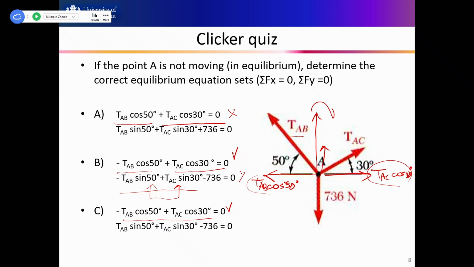So this is not correct. And then this, same. And we need to check these two. And this 736 is downward, so the sign of this number and the unknown y component should be different. So this is positive, and this is negative, so this is correct. So that's why C is correct.